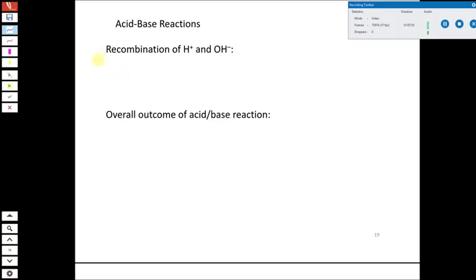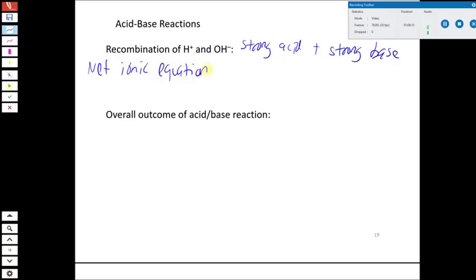So if we have a strong acid and a strong base reacting with each other, we have H+ from the acid and OH- from the base, so our net ionic equation is going to be this. H+ from the acid, OH- from the base.